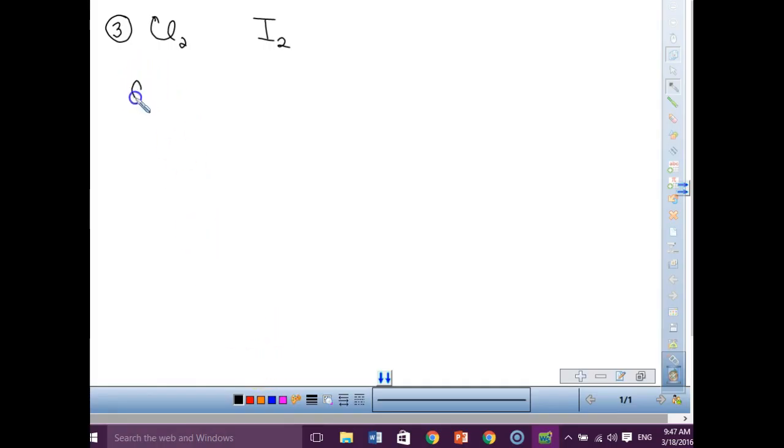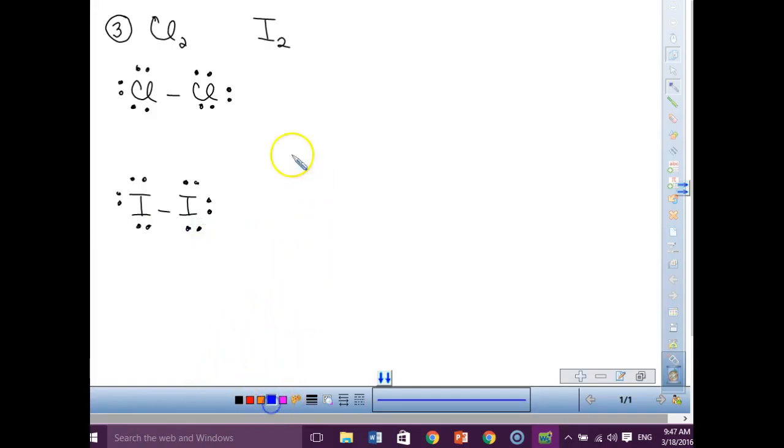All right, our structure for chlorine. And then our structure for iodine. Similar structures in that they are diatomic and single bonded.